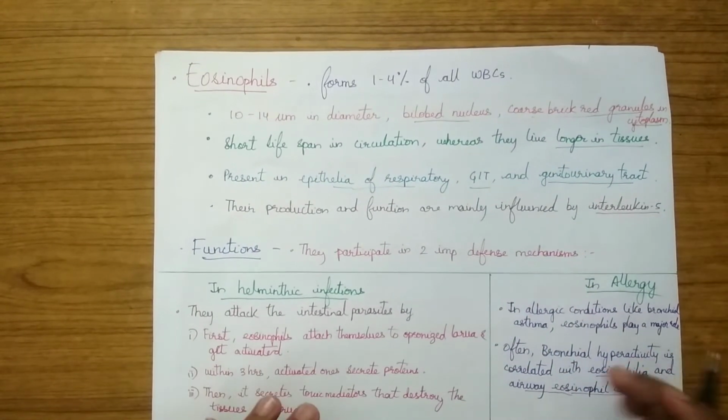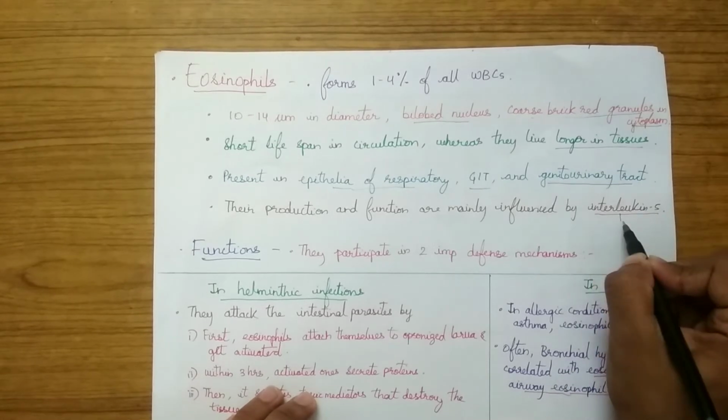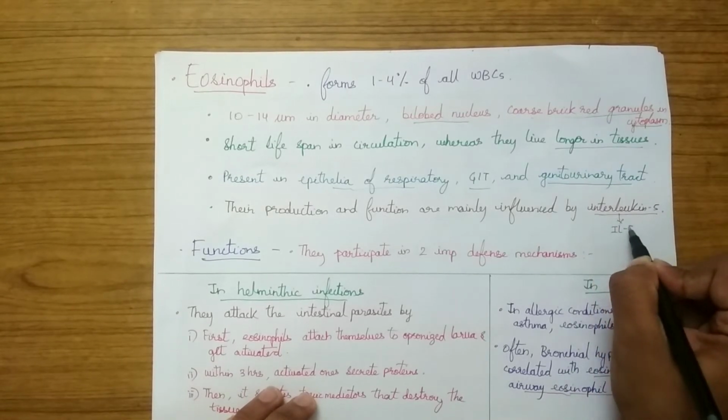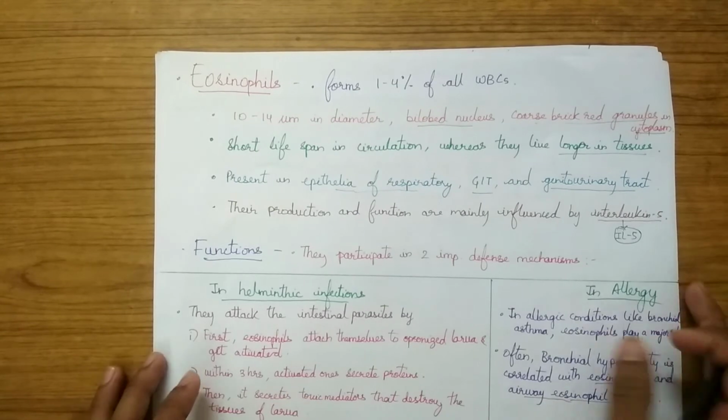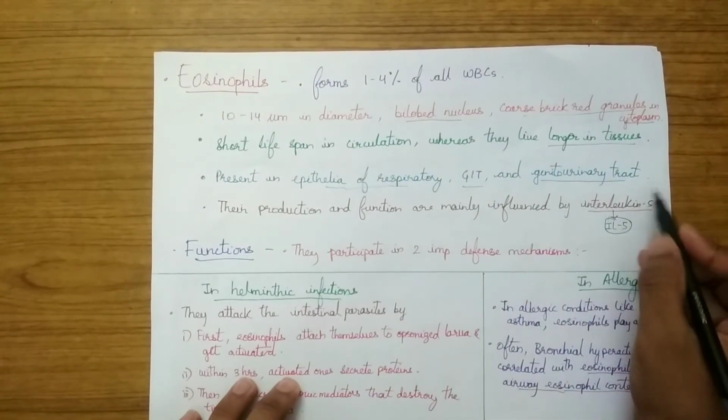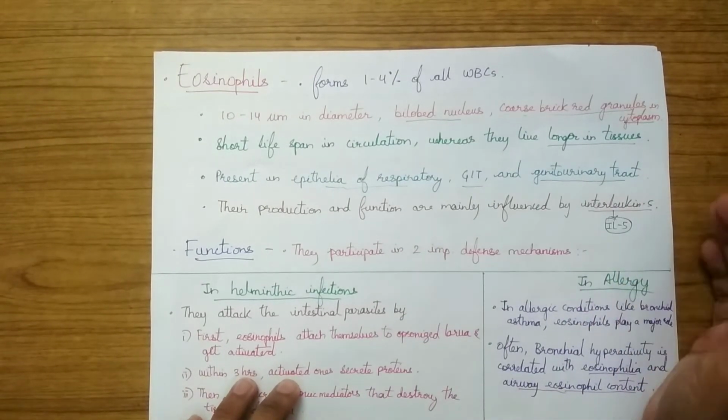Their production and function are mainly influenced by interleukin 5. I talked about this factor in the video on leukopoiesis, in which I told that interleukin 5 enhances the production of eosinophils.